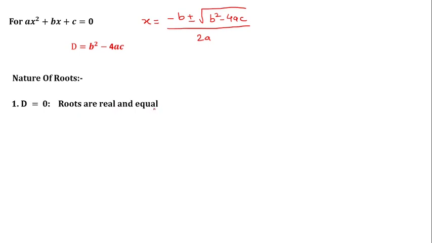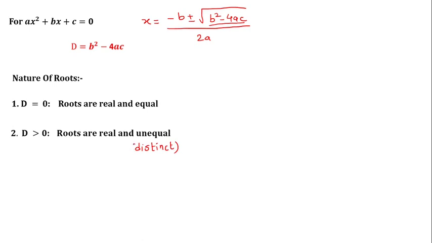Second point is D is greater than 0. That means inside the root here, we are getting a positive value. And then because of this plus minus, I am getting real and unequal roots. Now for these unequal roots, someone can remember them as distinct roots.